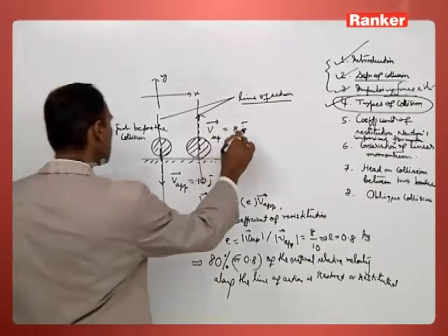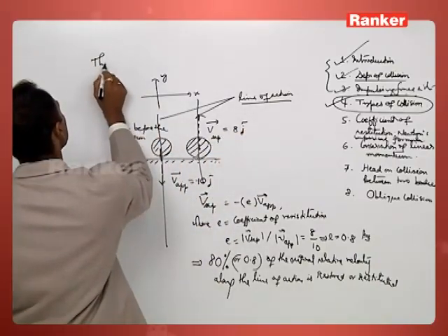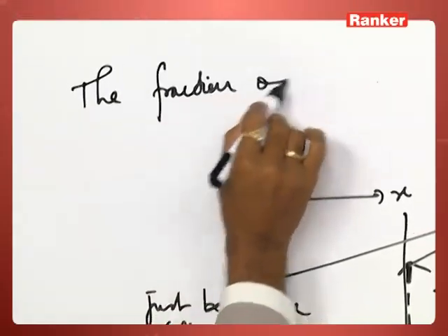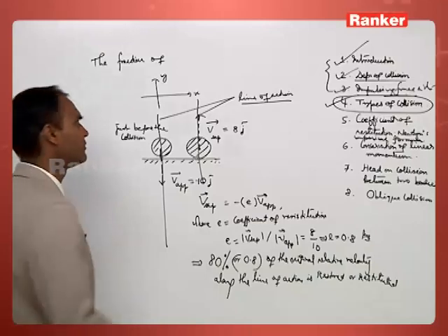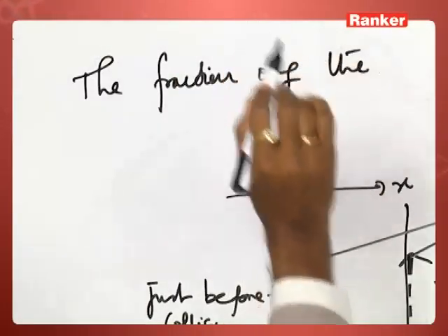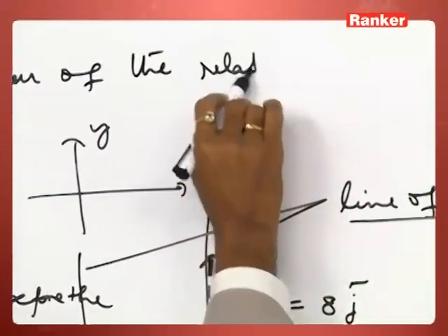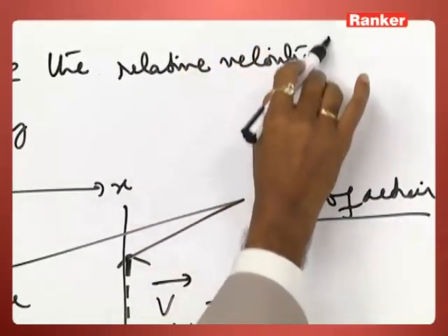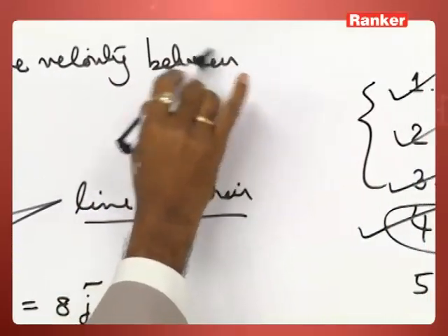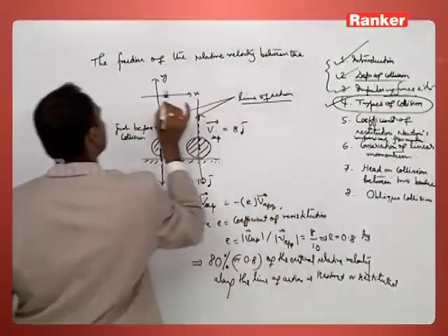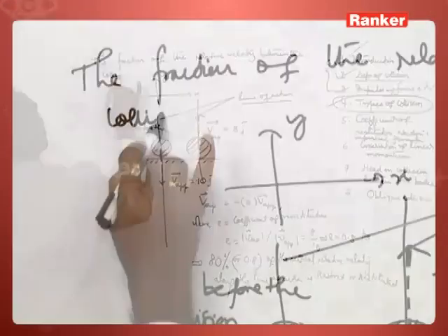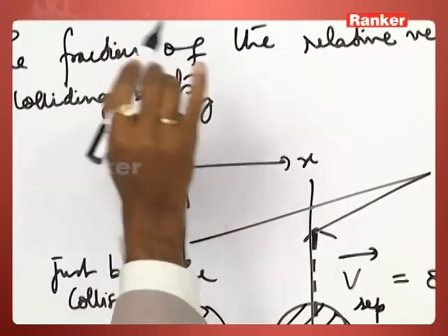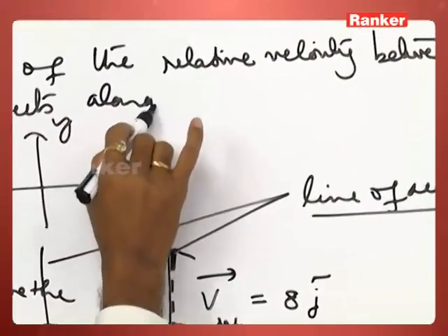So what is coefficient of restitution? The fraction of the relative velocity between the colliding objects along the line of impact.